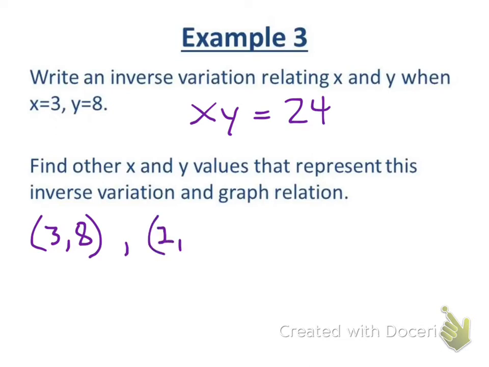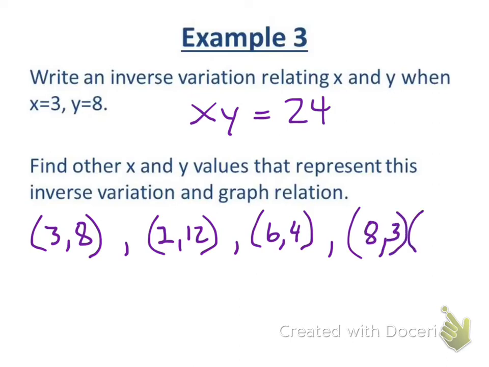I don't really want to graph 2 and 12, but we'll look at it. 6 and 4. 1 and 24, I'm definitely not going to draw a graph of, but it would work. 8 and 3.